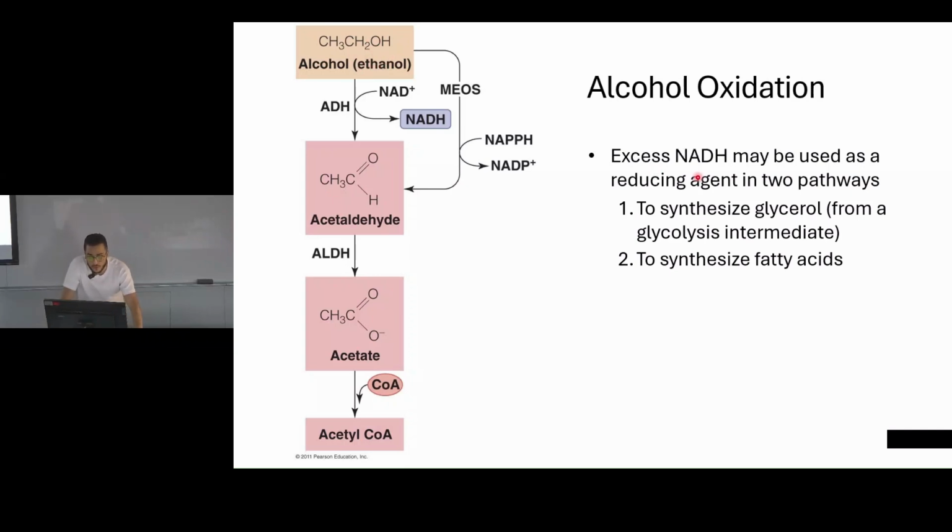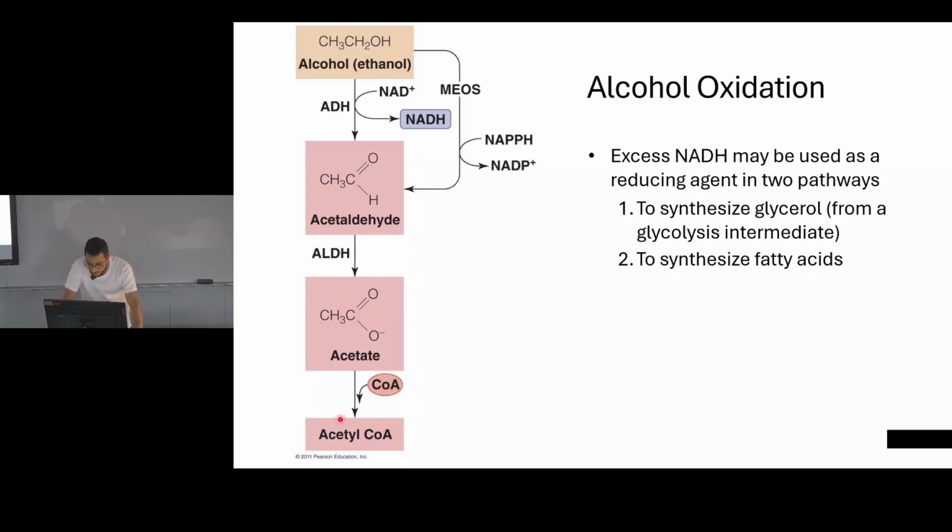So ethanol, through the ADH enzyme, alcohol dehydrogenase, will produce acetaldehyde, and then acetaldehyde will be converted into acetate or acetic acid through the acetaldehyde dehydrogenase, and acetate can then be converted into acetyl-CoA. Okay? Make sense?